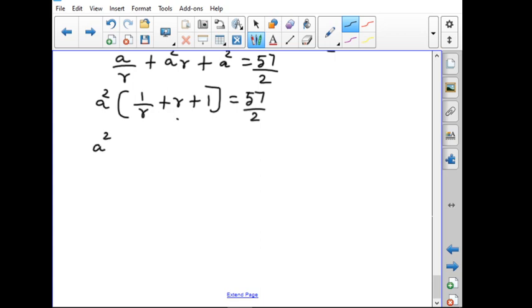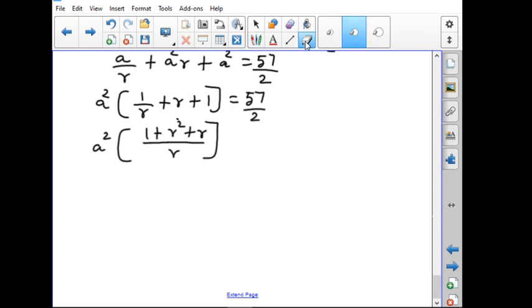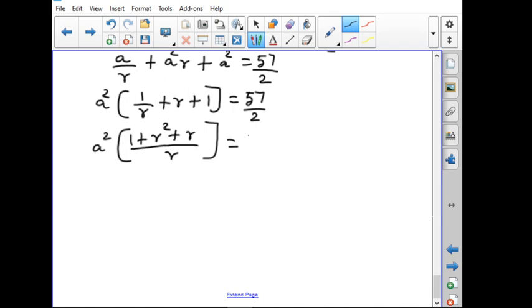Next, taking R as the LCM, we write A squared into 1 plus R squared plus R by R equal to 57 by 2.